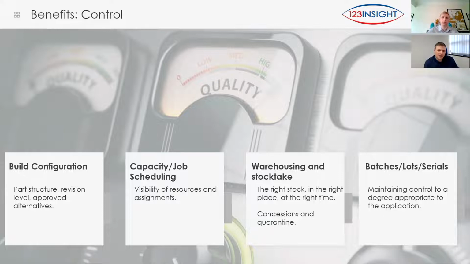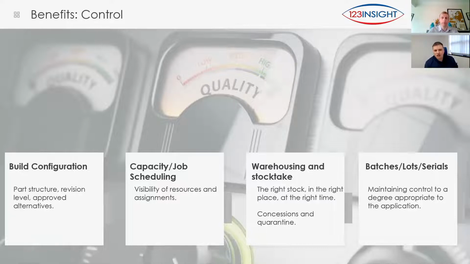In terms of warehousing and stock check, we've already talked about having the right stuff around you at the right time, but also tools around stock checking so that you can keep on top of that and keep it accurate. And also things around concessions and quarantine, making sure that stock that shouldn't be going into parts is held off separately as well.